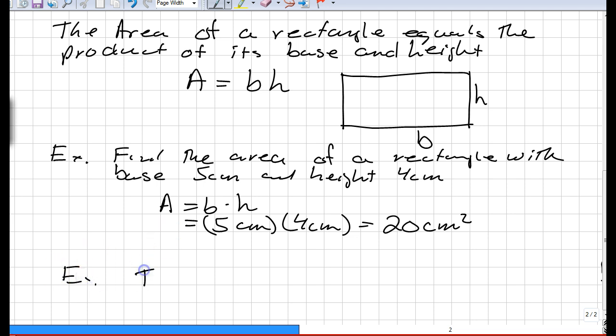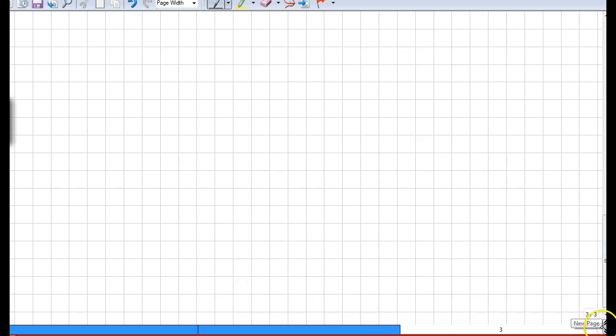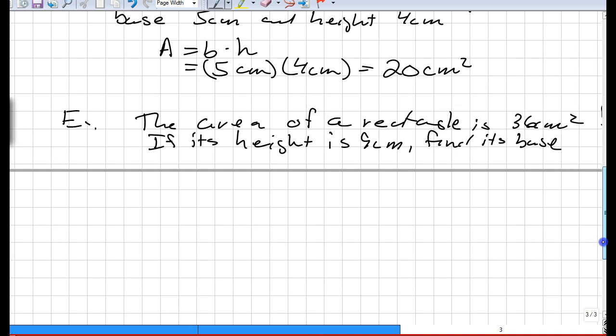Example, the area of a rectangle is 36 centimeters squared. If its height is 9 centimeters, find its base. Alright, and so all we do then is fill in our known values.